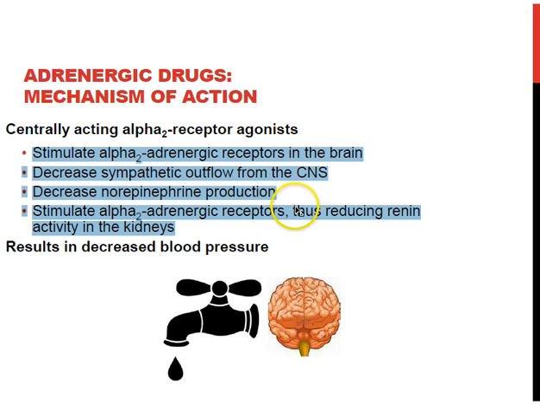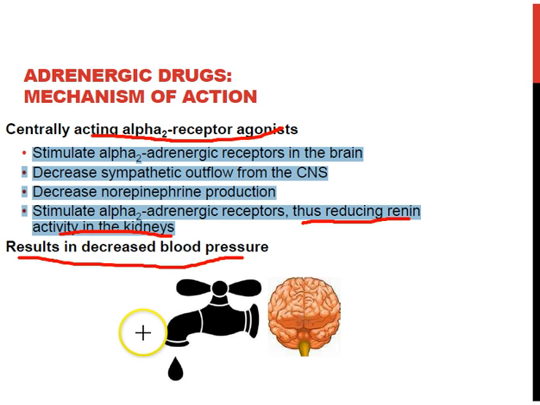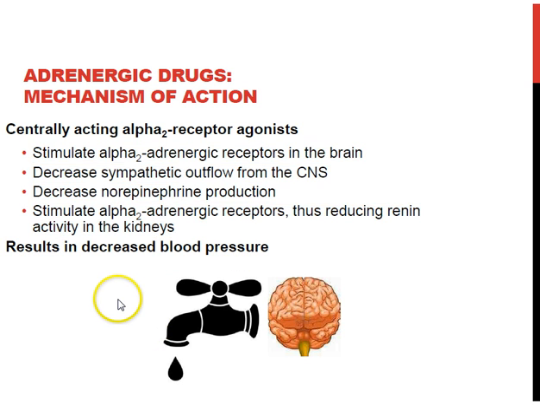But one thing you do know from looking at the renin-angiotensin mechanism is that it reduces the renin activity of the kidneys, and by doing that we decrease vasoconstriction, which causes vasodilation. So suffice it to say that these adrenergic drugs that are alpha 2 receptor agonists still result in decreased blood pressure, and that's the important take-home message there.